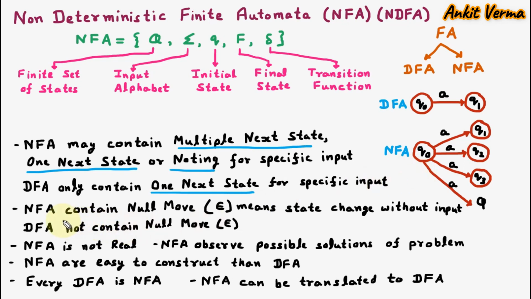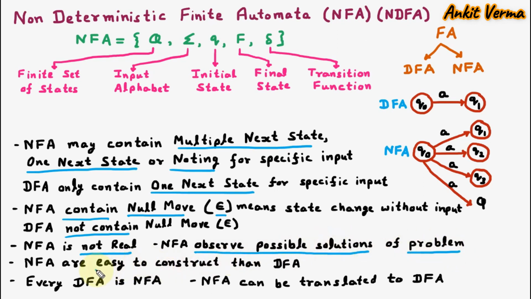Next is NFA contain null move, which is epsilon, but DFA not contain null move. NFA are not real because in the real life for an input we cannot go to the multiple places, whereas DFA are real. NFA are designed to observe the multiple possible solutions of a problem.